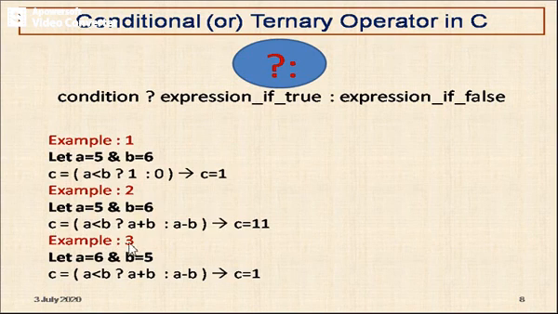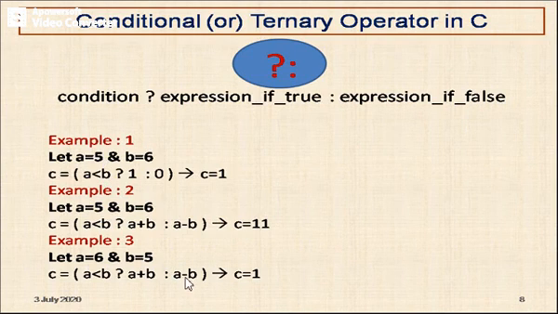Example 3: a is 6, b is 5. The condition is not satisfied here. So what will happen? It will assign the expression or operand 3 when the condition is false. Here the condition is false, so it will assign the third operand, the expression if false, that is a minus b in this example.